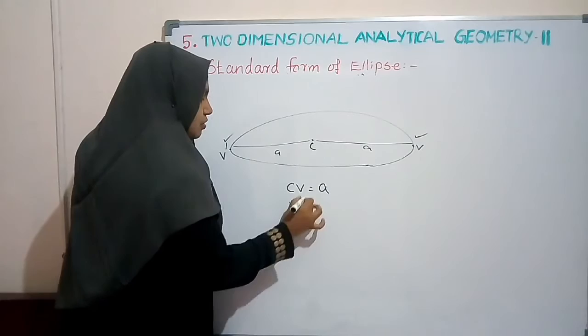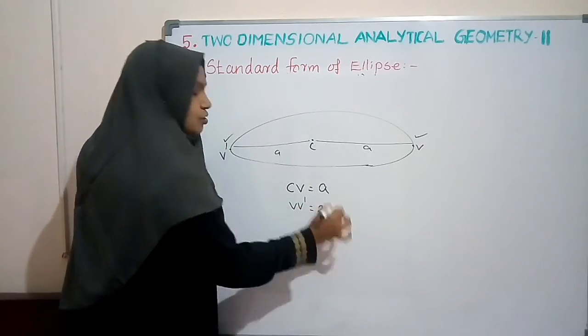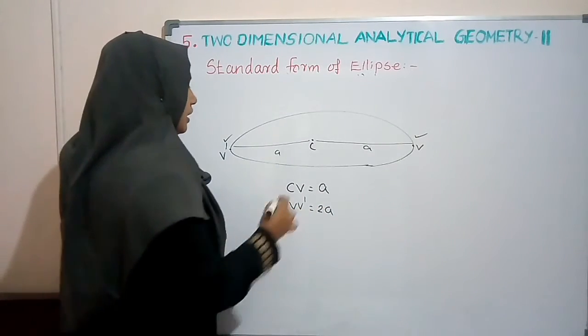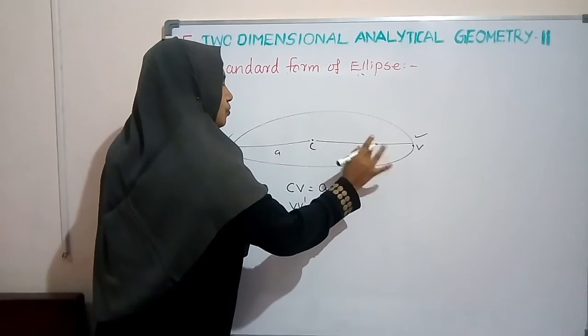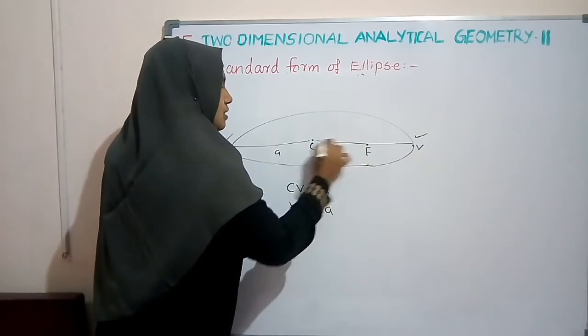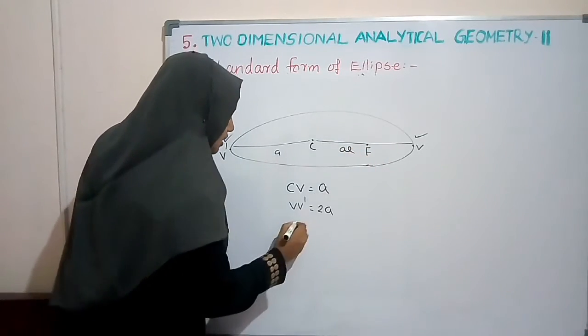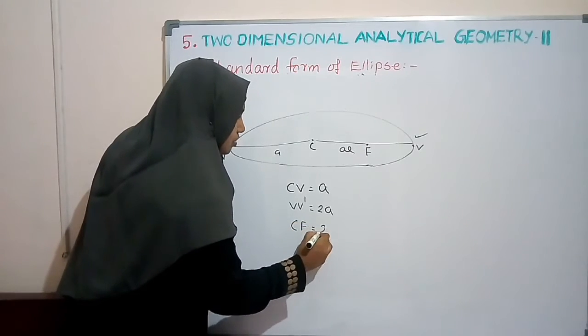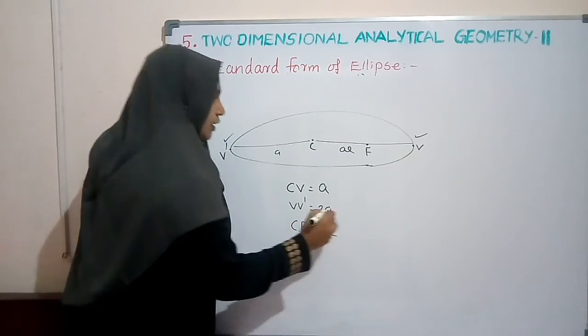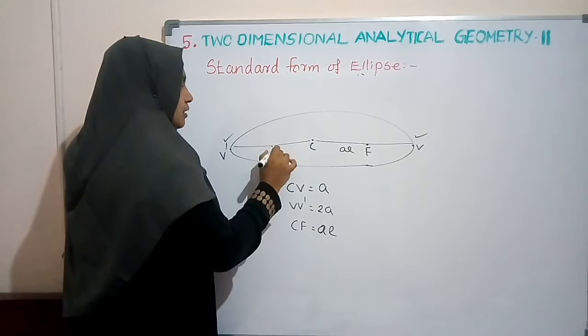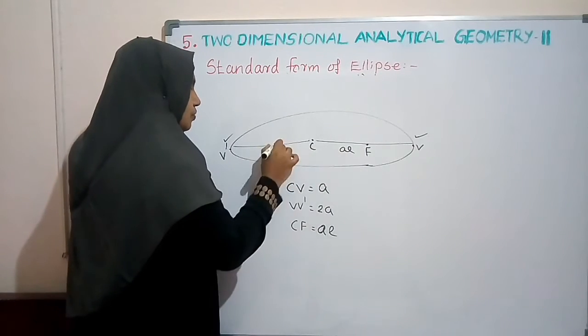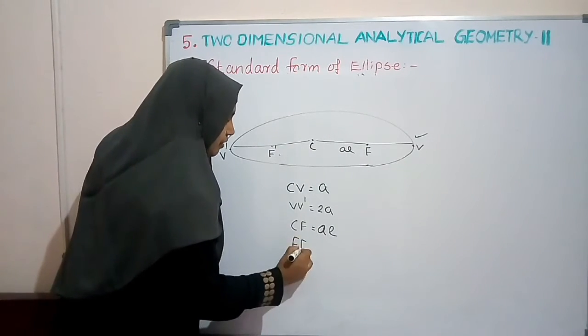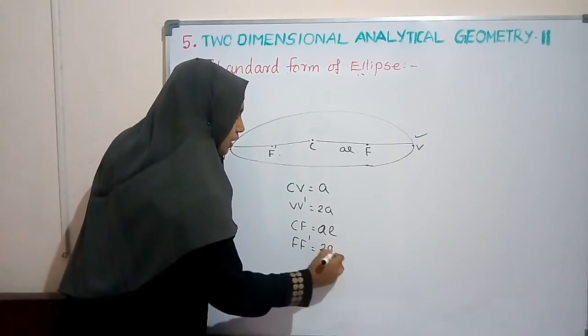And the distance from center to focus, CF, is ae. And the distance from focus to focus, that is FF dash, is 2ae.